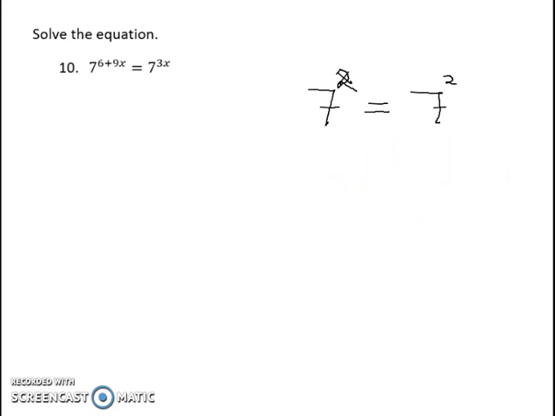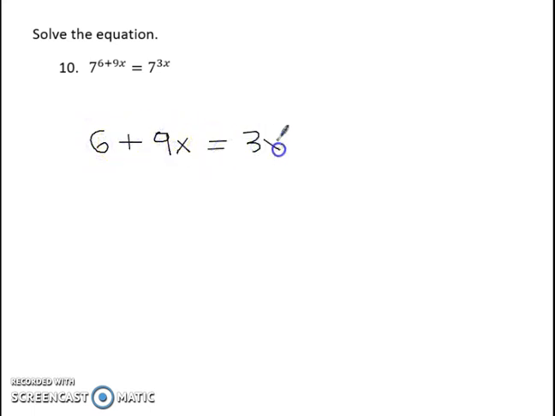So over here, we have an equation that's a little bit more complex, but nonetheless, we have the one-to-one rule. We have a base 7 on the left and on the right, and we can say that the exponents have to be equal to each other in order for that equation to be true. So that gives me the ability to solve for x.